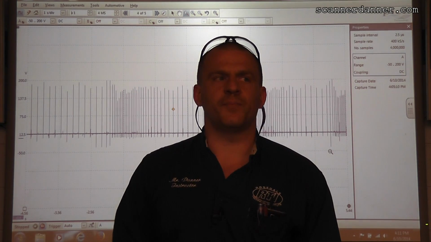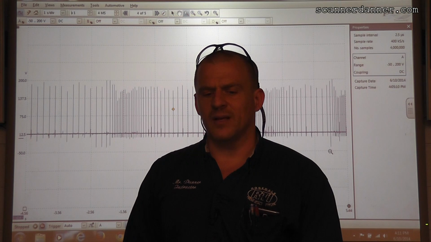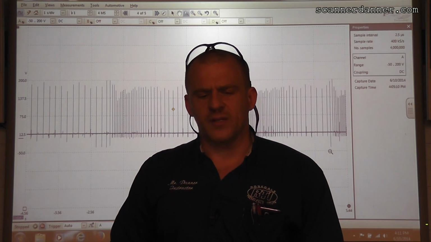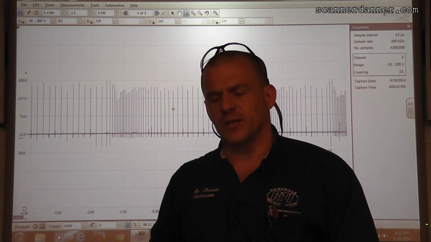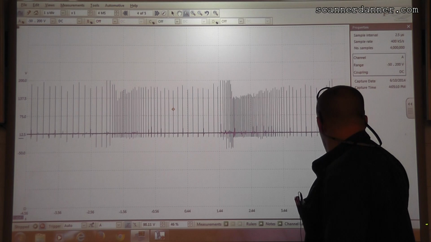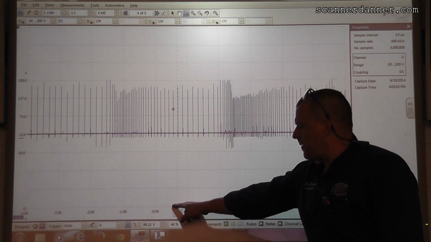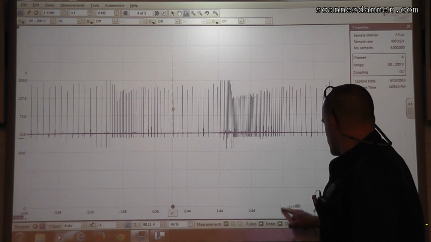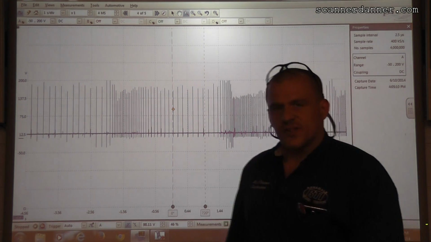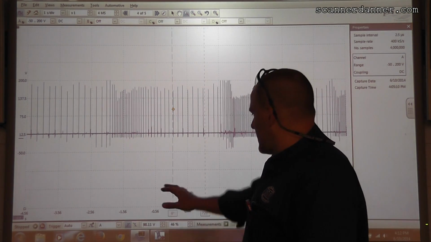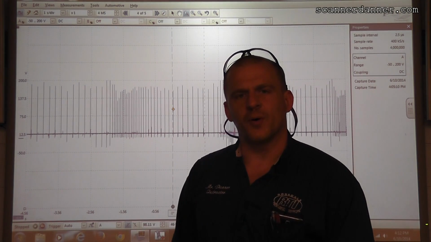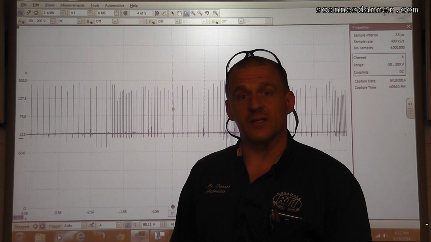For sure, there will be a part three, and in future videos, there's other things we need to know how to do, like adding notes and using measurements, our cursors. Also, in the new Pico program now, we have degree cursors where we can do measurements for 720 degrees of crank rotation. That's awesome. Again, if you want an example of that, you can check out my Hummer series that I did.